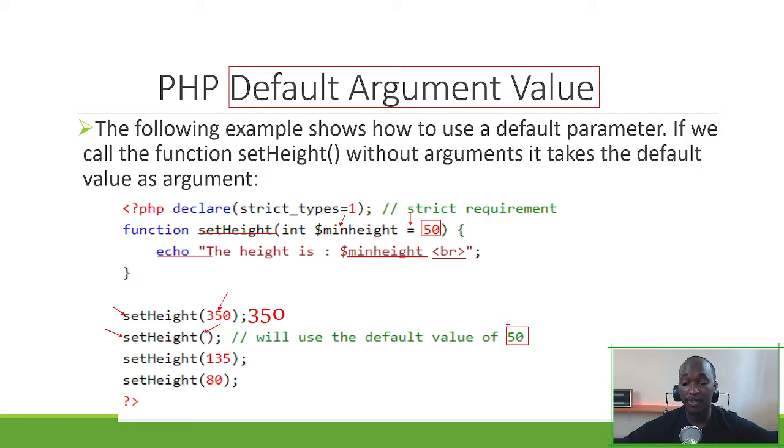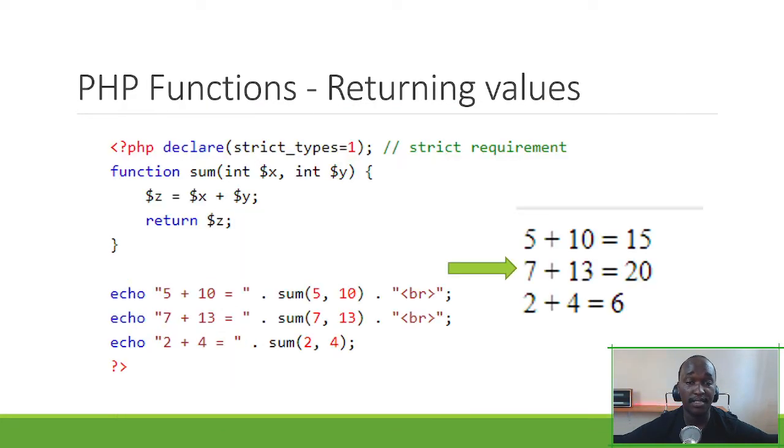That's the work of the default value. But if we pass it 135, it's going to print 135. If we pass it 80, it's going to print 80. So that is what we call a default argument value. Okay, so that is it about that.